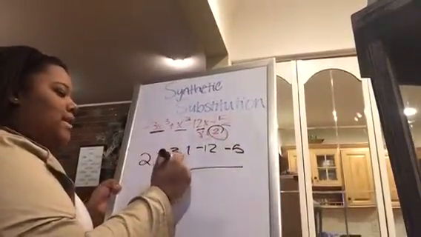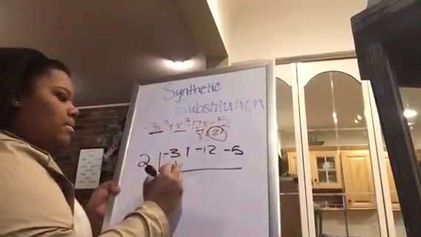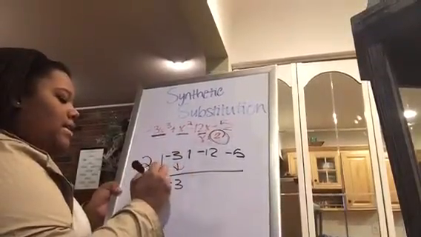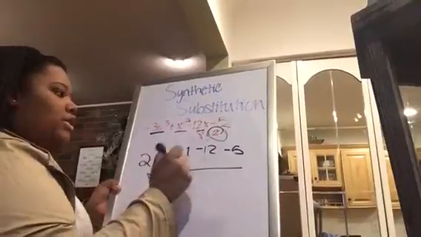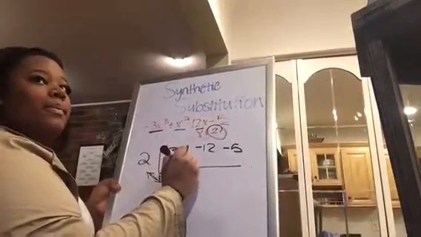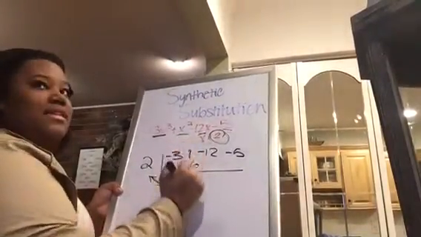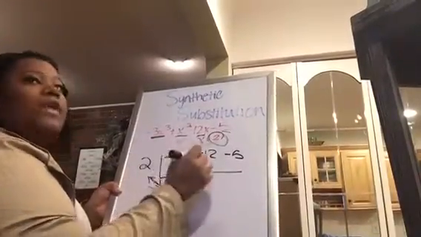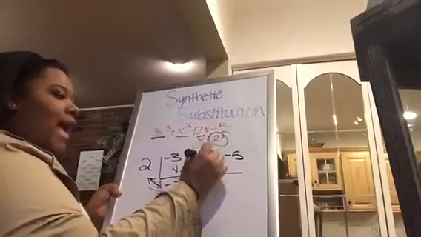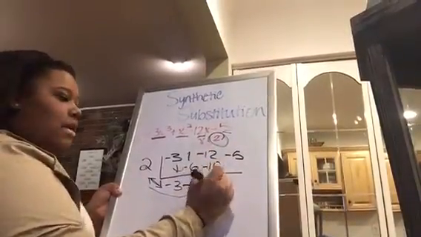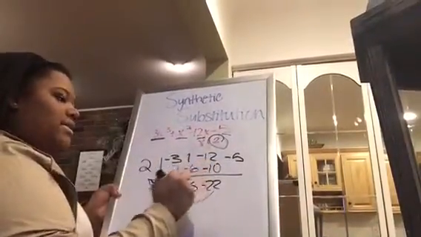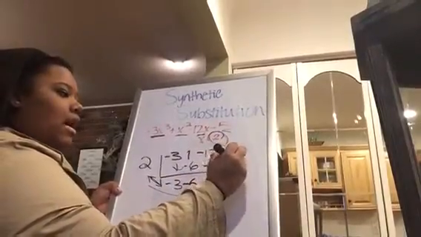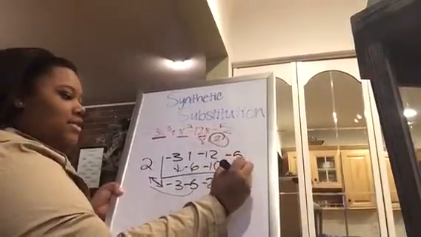Then you drop this down, and then you multiply these. You take the answer and you put it here, and then you add these. Then you do the same thing with this number, and then you put the answer here, add these, then you do the exact same thing with this number, add this, and then you get the answer.